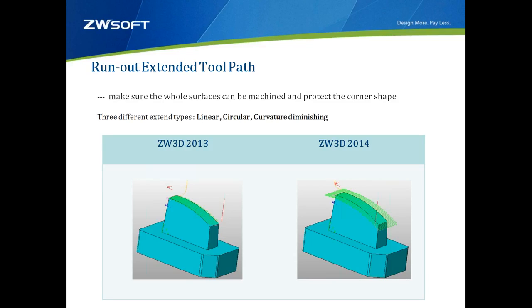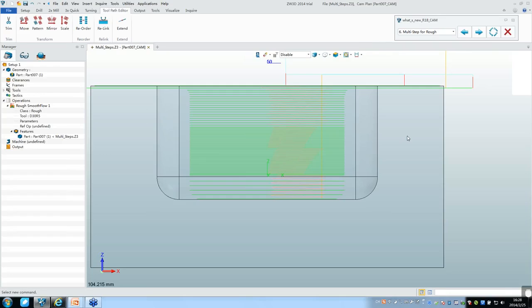But the last improvement about the CAM's highlight is that for some precise machining cases, we add a very useful toolpath extending Toolpath editor function to help the user get a full machining.